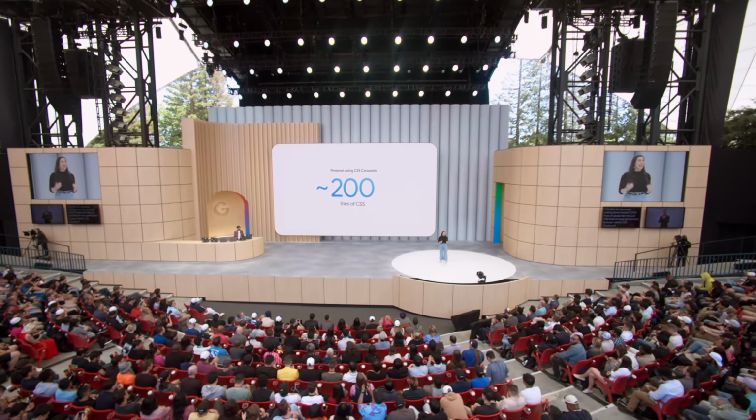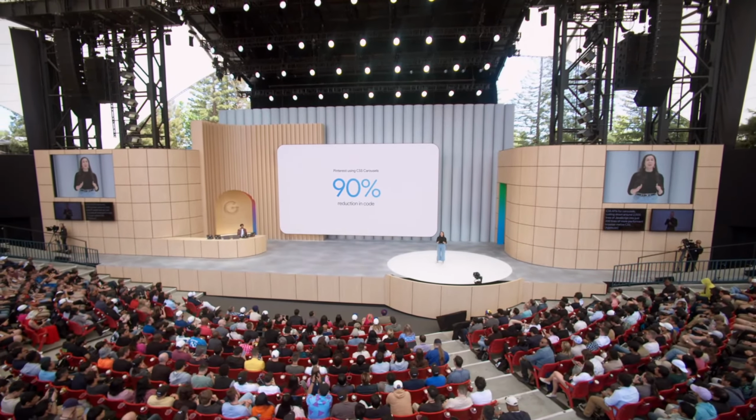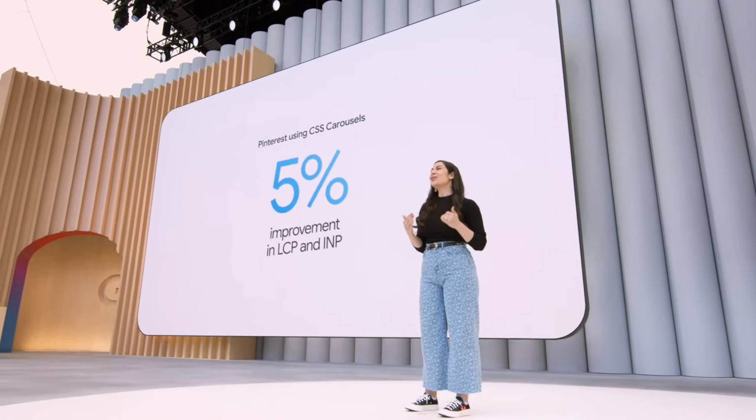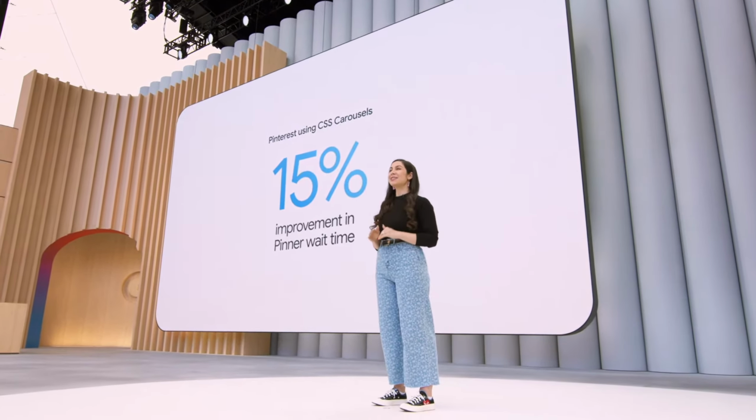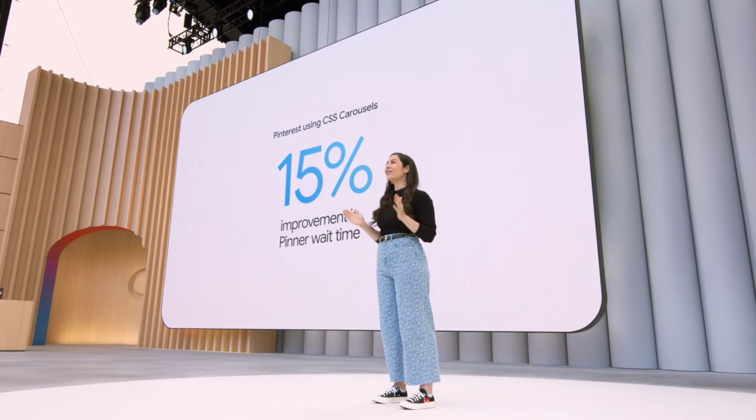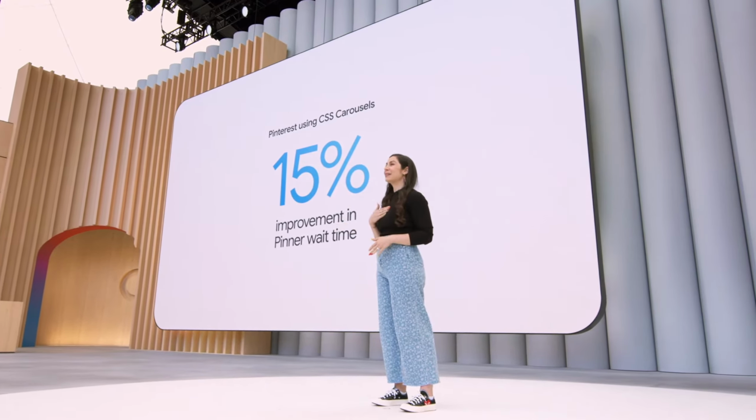That whopping 90% reduction in code improved overall performance. And it also noticeably improved product pin load times by 15%, which is a huge quality of life improvement for their users like me.